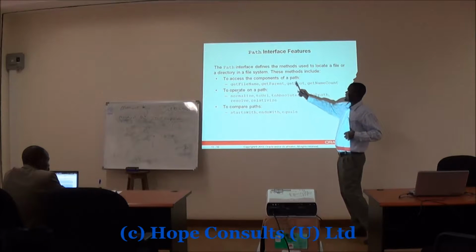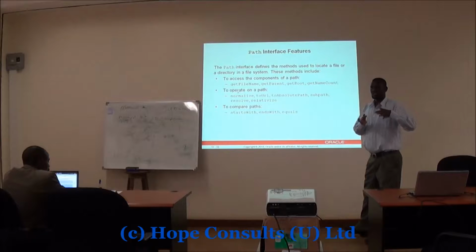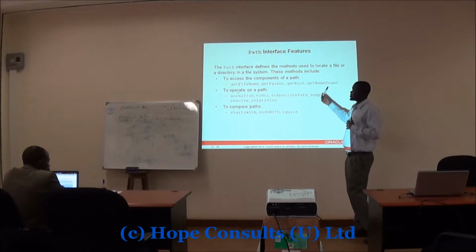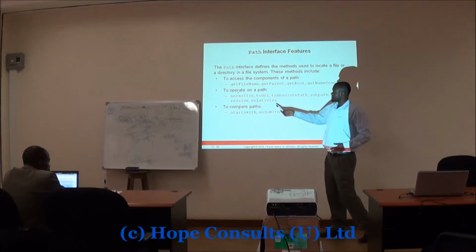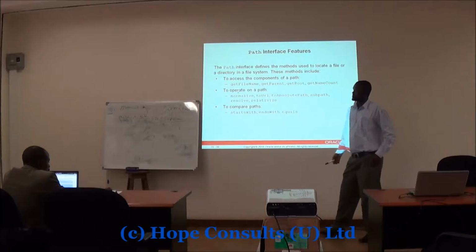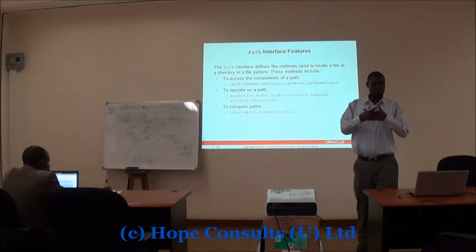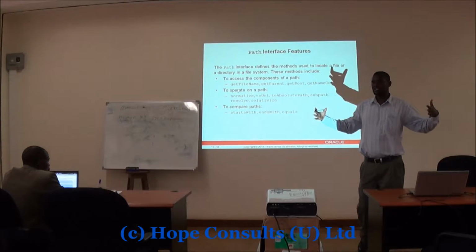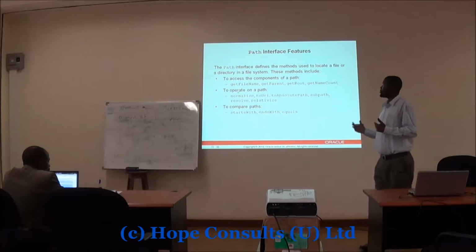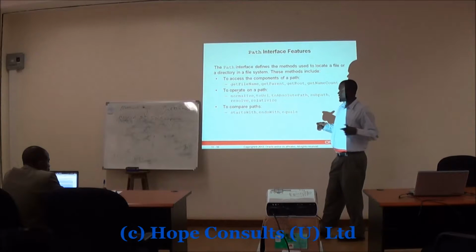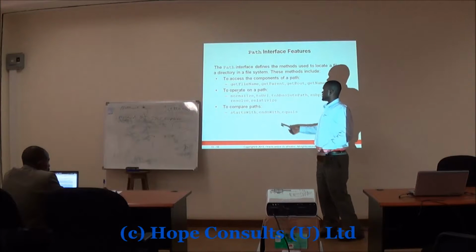Then getRoot is now like C or D, those kinds of things. And then getNameCount. To operate on a path, you normalize. Normalize means if you are given a relative path, you need to get the full path so that you can access it.